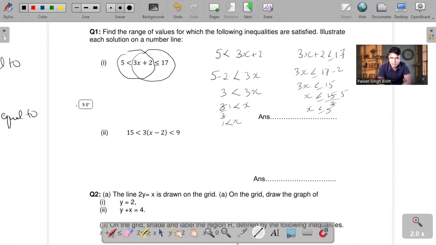So when I represent it on the number line, I draw a number line like this. I draw 1, 2, 3, 4, 5, 6 and so on. We make arrow. Arrow means the number line is not stopping, it keeps on going, right?